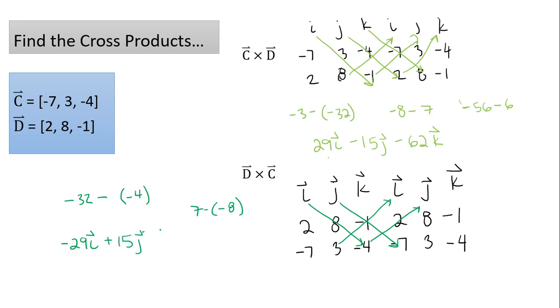And any guesses about the K? Yeah, it's going to be plus 62K. So there you go. If you do C cross D, and you want to know what D cross C is, you're just going to reverse the sign for everything. Because at the end of the day, if you do a right-hand rule and you're thinking of physics, if one is up this way and one is down that way, they are going to just be opposite signs.